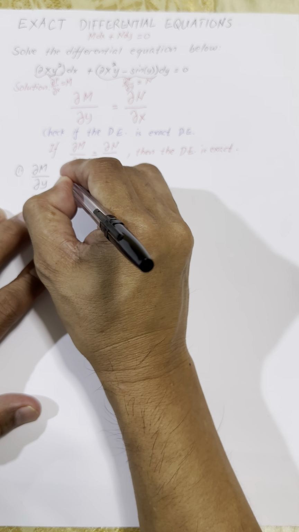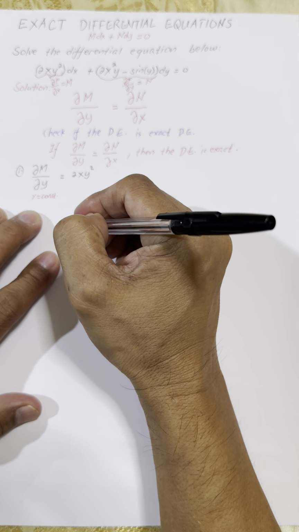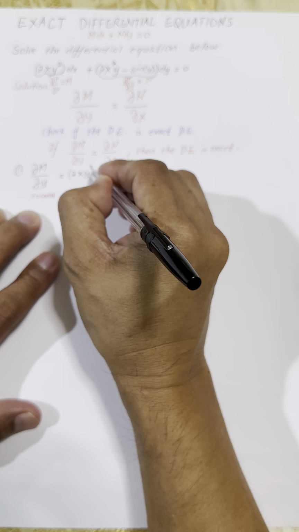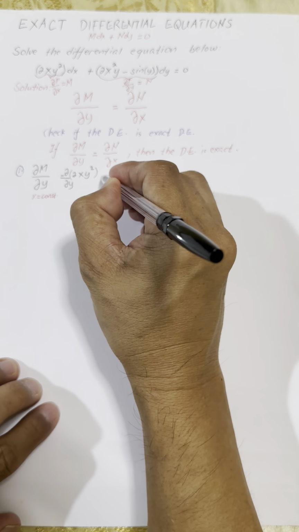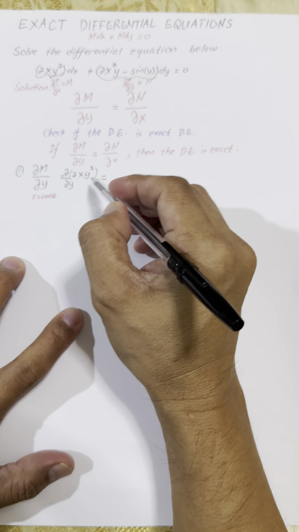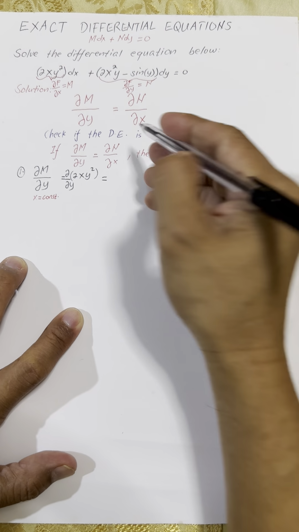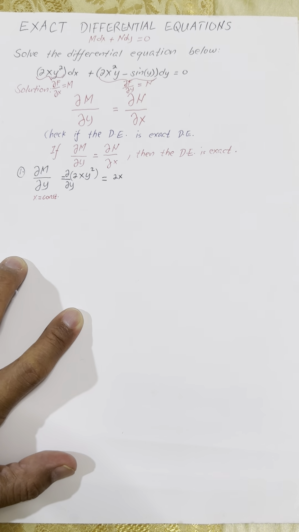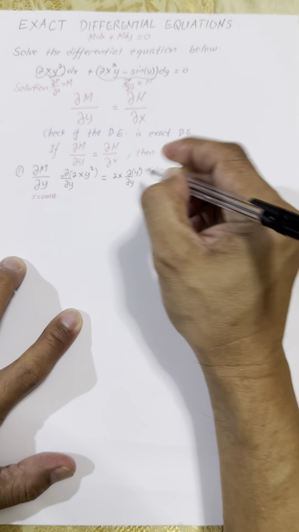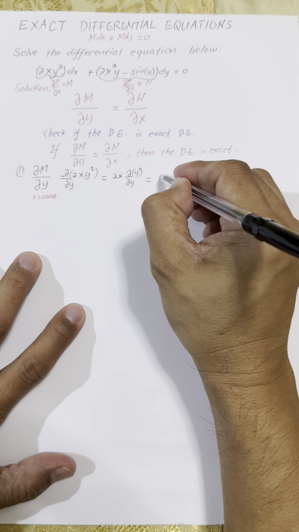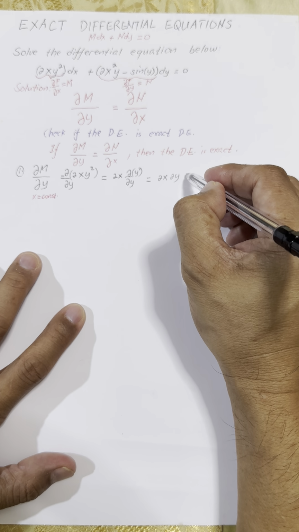Okay? So our M is equal to 2xy squared. And then when you take the partial derivative of this with respect to y, x is constant, so we put the constant outside. 2 is a constant, x is a constant, so we have 2x times the partial derivative of y squared with respect to y, which is 2y times dy over dy, right?